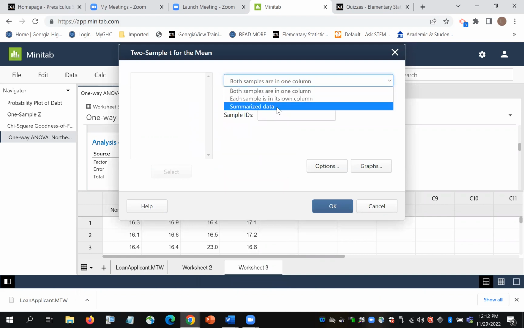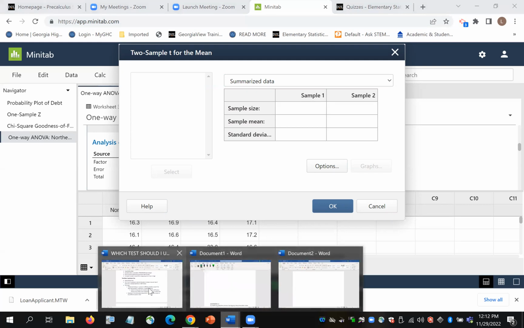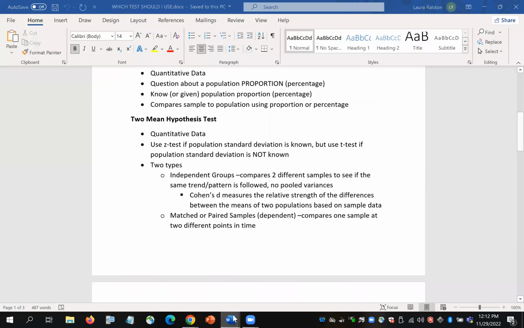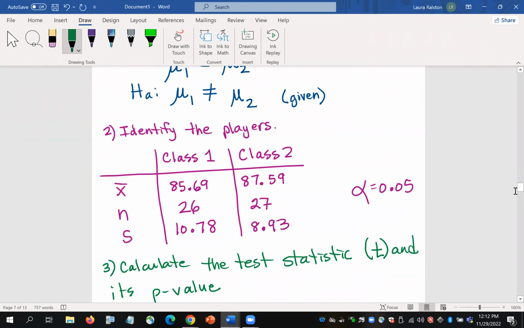I have summarized data. The sample size, let me see, I need to write that down because I forgot to do that. Okay, for class 1, let me write it down real quick.